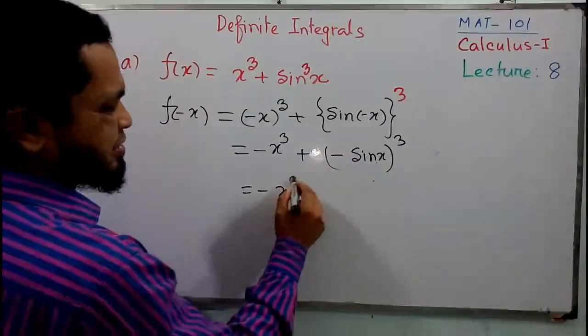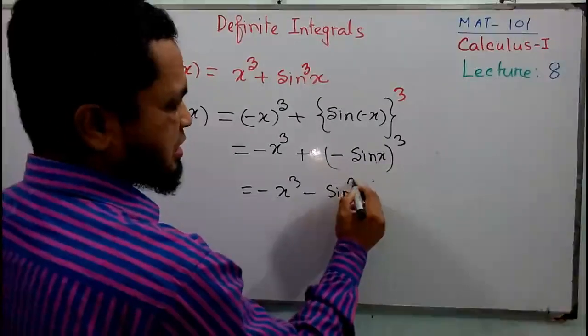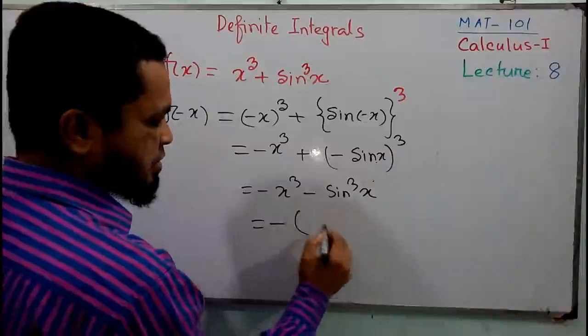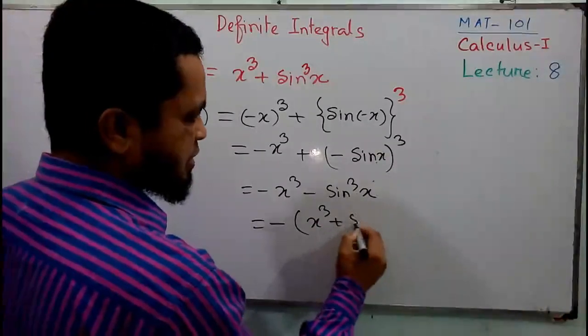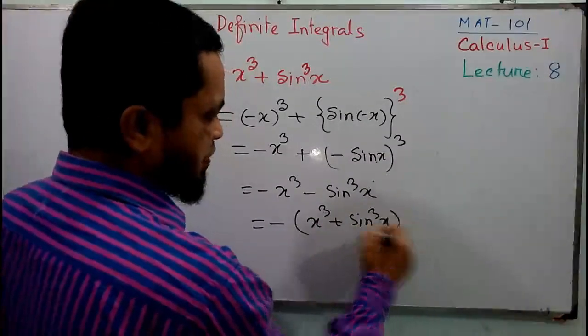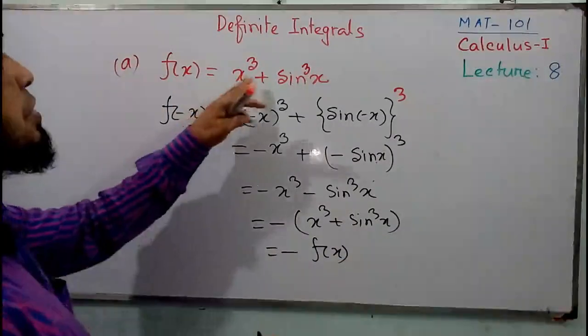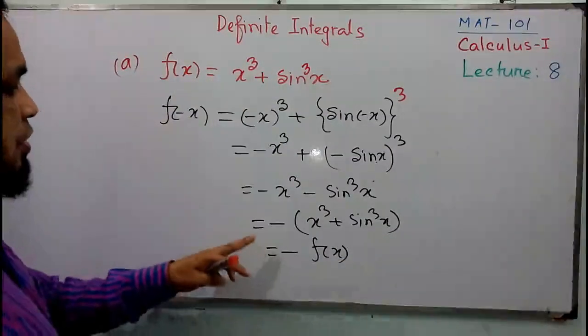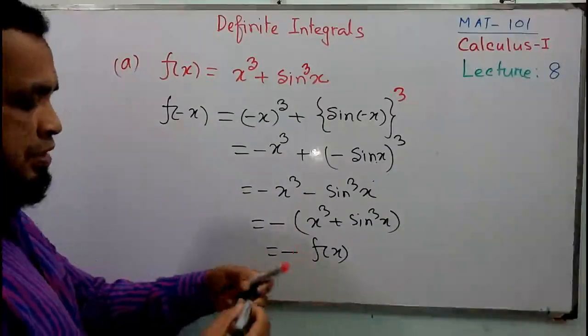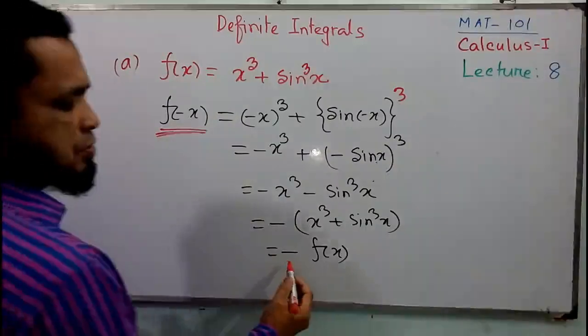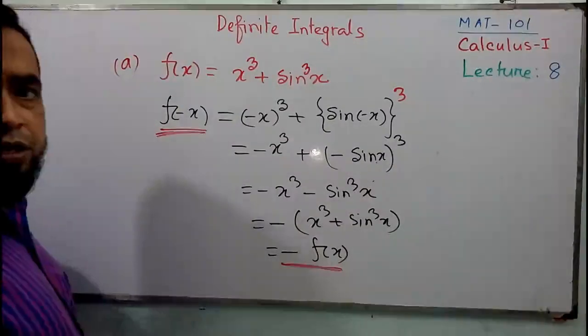Therefore, minus x cube minus sine cube x. You can take a common minus, which gives minus of x cube plus sine cube x, that is minus f of x. Therefore, we get f of minus x equals minus f of x.